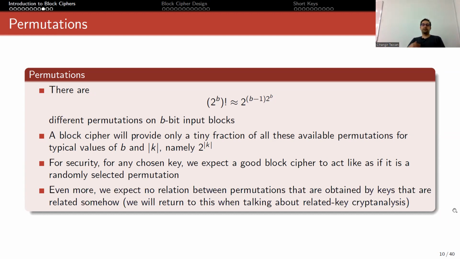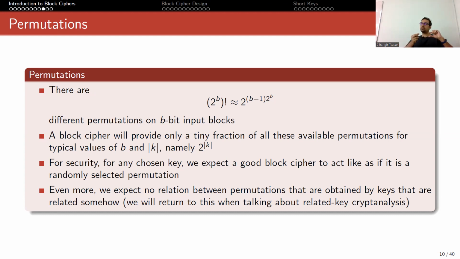Even more, we expect no relation between permutations that are obtained by keys that are related somehow. We will return to this when we are talking about related key cryptanalysis, but here the idea is as follows. You design a block cipher, you choose a key. So this key and the cipher actually map 2 to the B elements to the 2 to the B elements, right? This is a permutation.